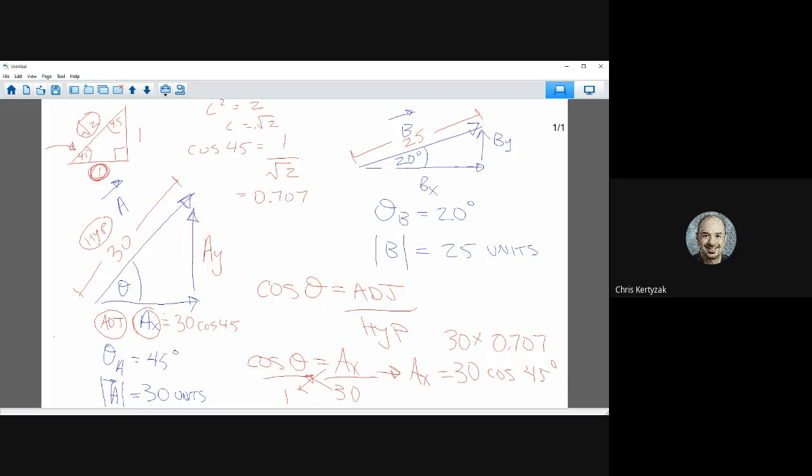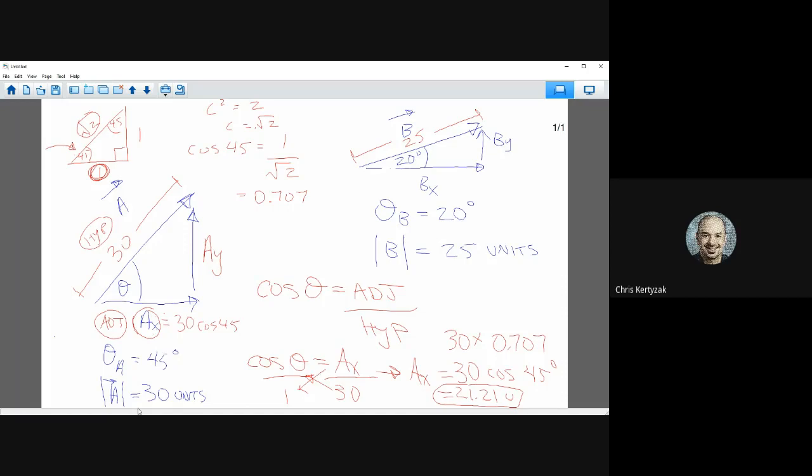I get 21.21 units. However, it is an estimate or approximation. Of course, if I had done 30 times 0.707, I would get the same number, 21.21, right? Okay, so that's the x component.